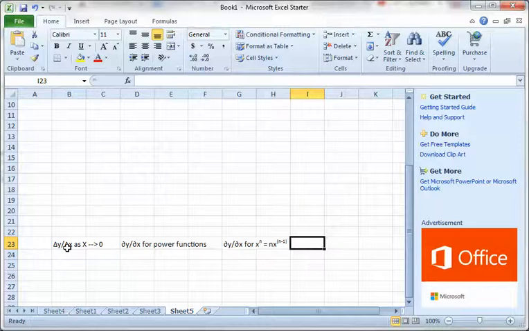So we summarize this by saying as the change in y over the change in x, the delta y, delta x, as delta x approaches a very, very tiny number, that defines the slope at that point. That's called dy dx. This is the differentiation. So the differentiation for the power function, dy dx for an initial function of x to the n, is n x to the power n minus 1.